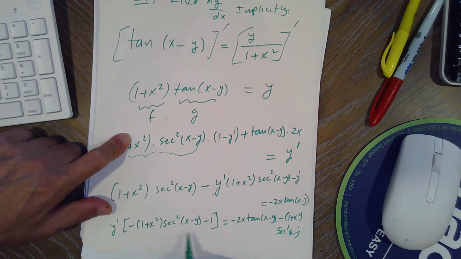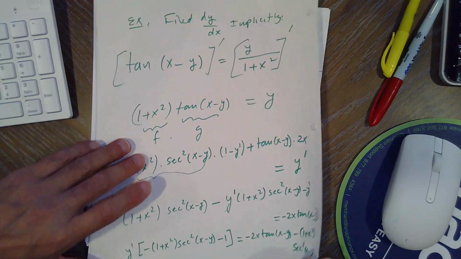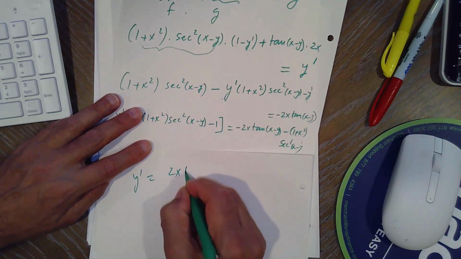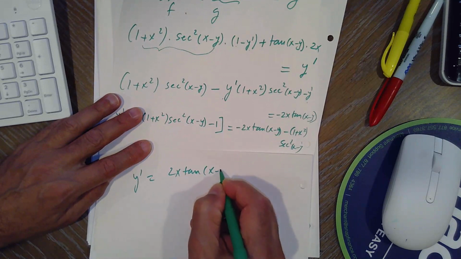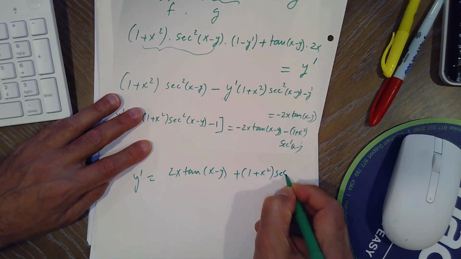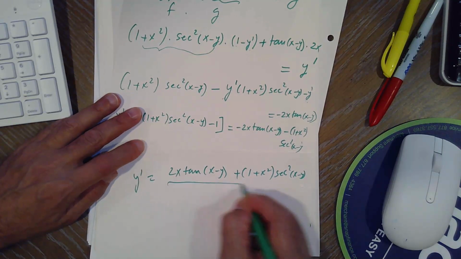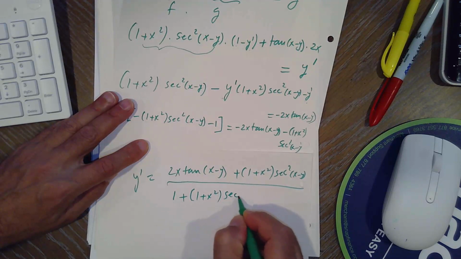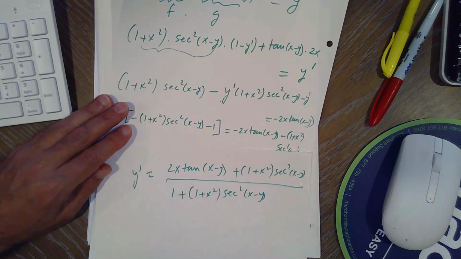Get rid of all the negatives by multiplying by negative. So you get y prime equals 2x tangent x minus y plus 1 plus x squared secant square x minus y, over 1 plus x squared secant squared x minus y. So I canceled all the negatives out.